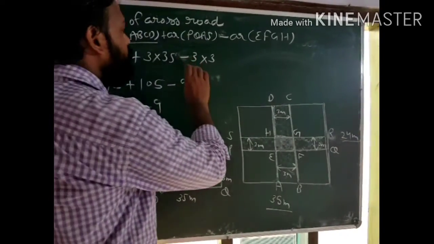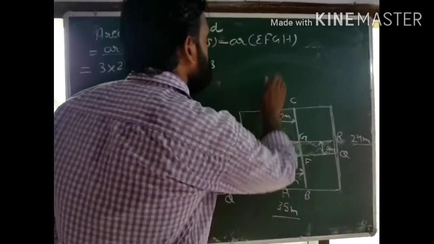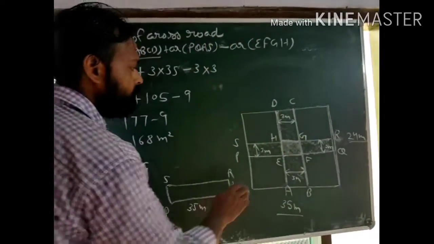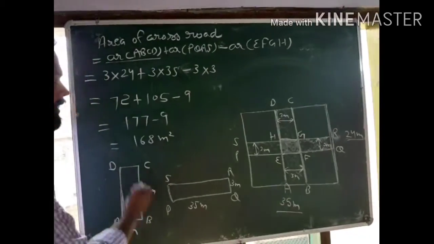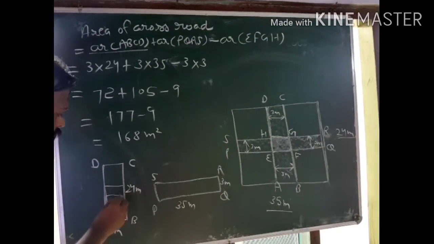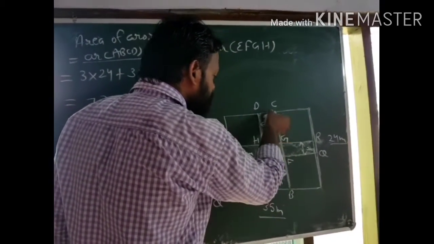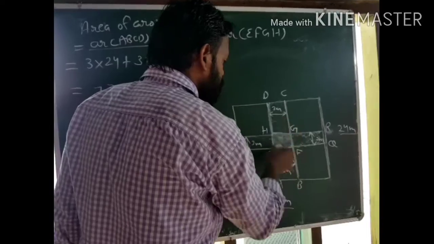Now here is an important thing, that is why I am subtracting the area of EFGH. This is the common area, because it is the common area of this road and of this road.